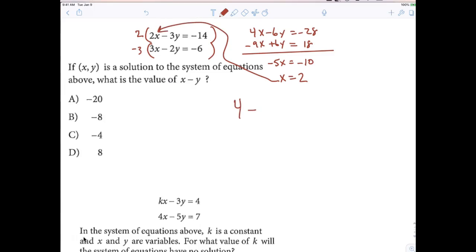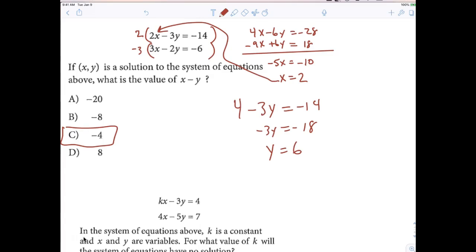So 4 minus 3y equals negative 14. Negative 3y equals negative 18, so y is equal to what? 6. And we want x minus y. Yes, negative 4. 2 minus 6, negative 4. Anybody have any questions with that?